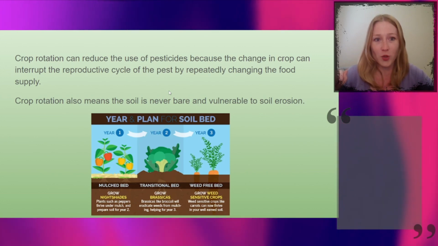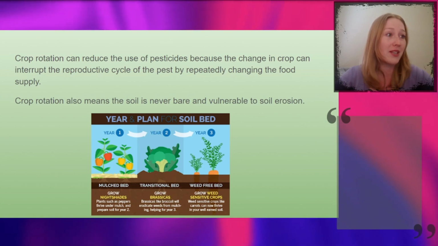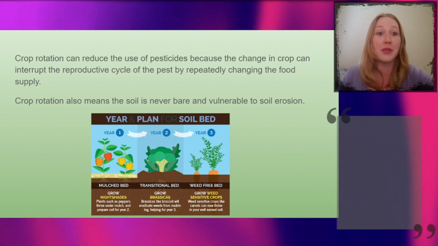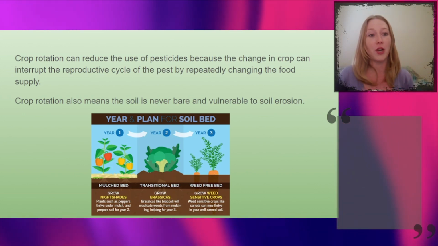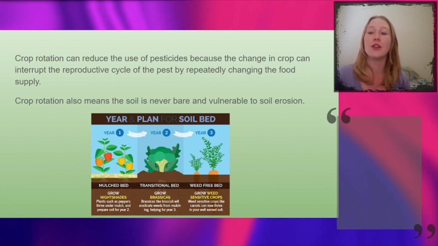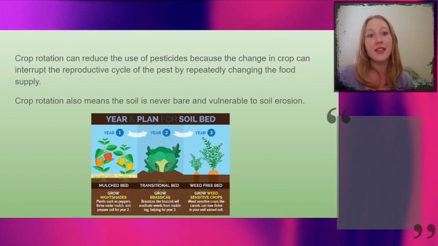So that just sounds like a win-win in every situation. If you have fewer pests, you'd need to use fewer pesticides, and that just sounds like money being saved. Delightful. And another nice thing about crop rotation is you can use the crop that is maybe in the off season at different times of the year.